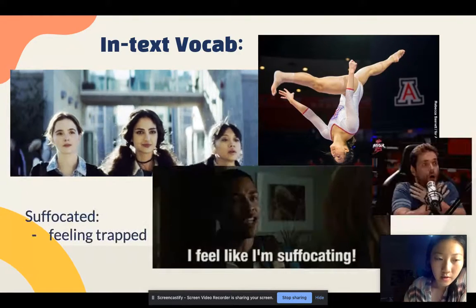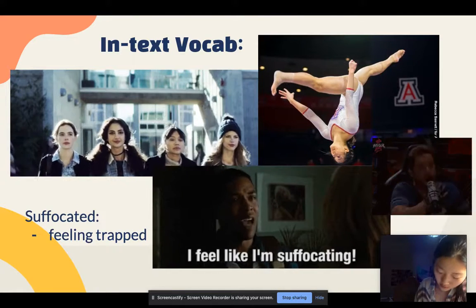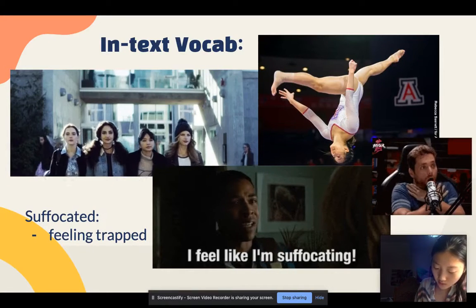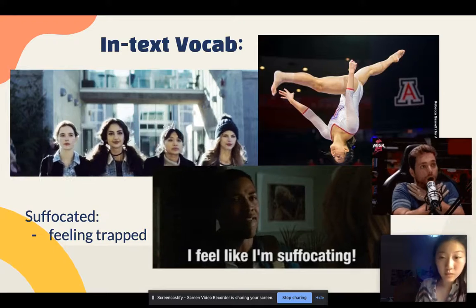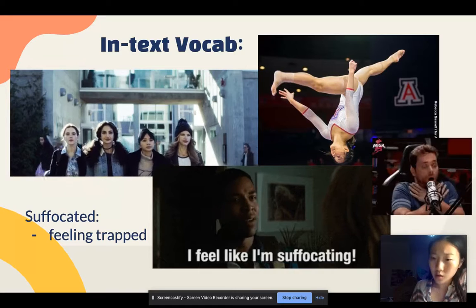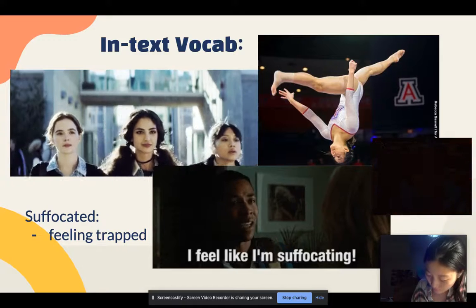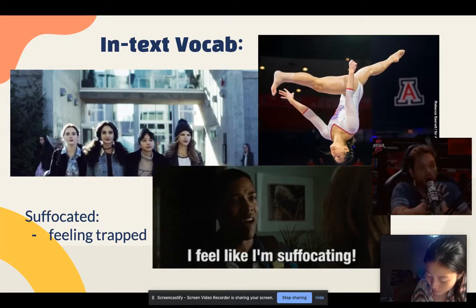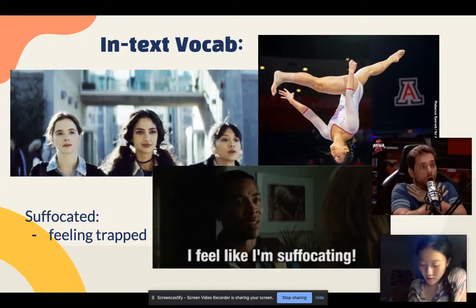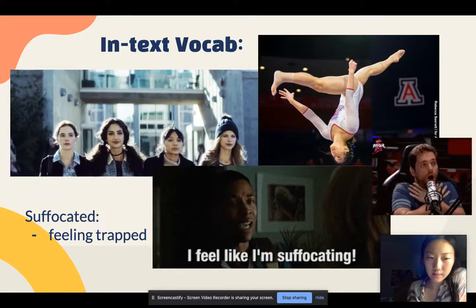And our next word is suffocated. Okay, so I'm going to skip a line, write suffocated. Make sure you pay attention to spelling. Spelling is important. When we spell things wrong, it gives people an excuse to dismiss our writing. So we always want to pay attention to those little details. So suffocated just means feeling trapped. Feeling trapped, okay? And suffocated, what part of speech do we think this is?